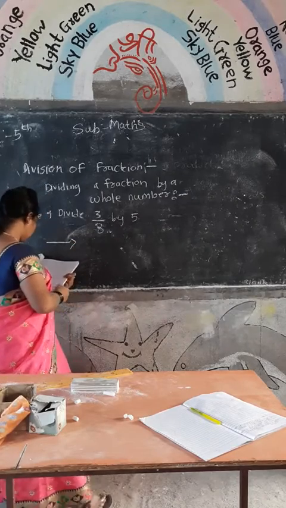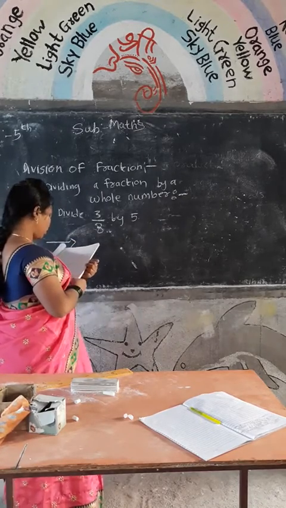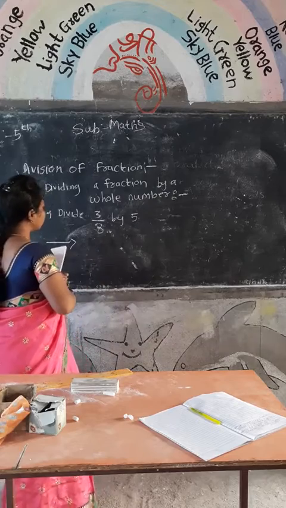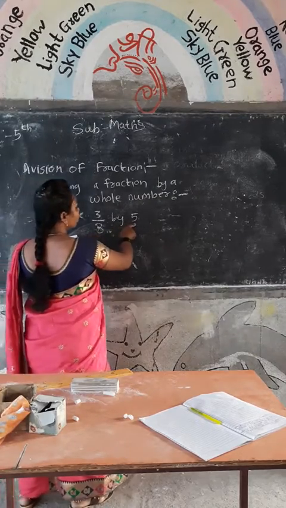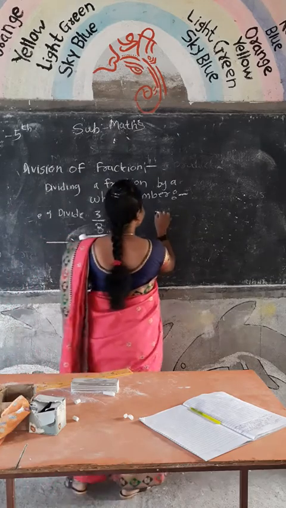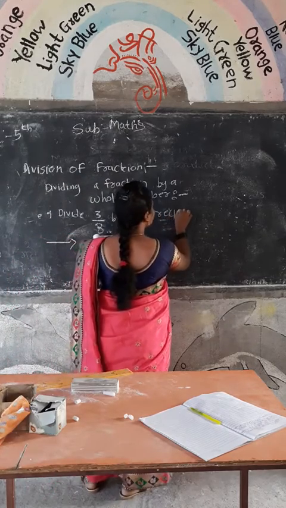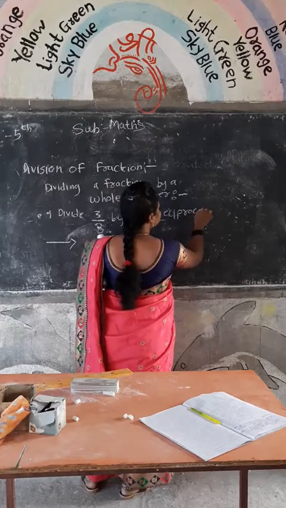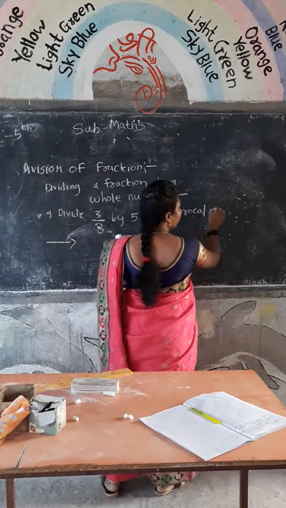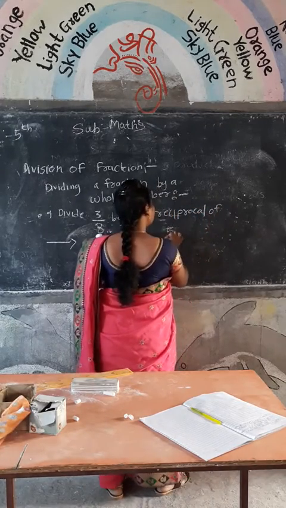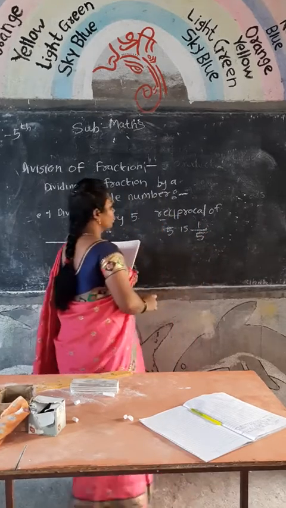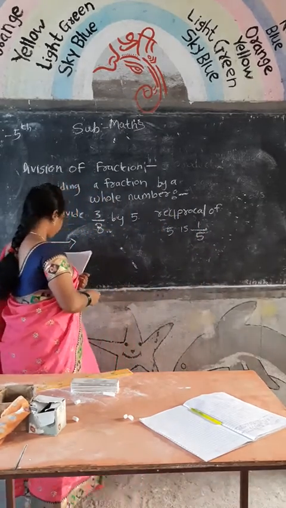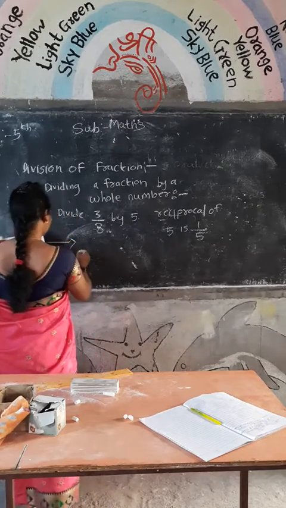Here we take the reciprocal of the given number, that is, the reciprocal of 5. The reciprocal of 5 is 1/5.